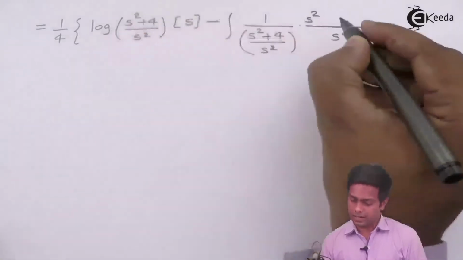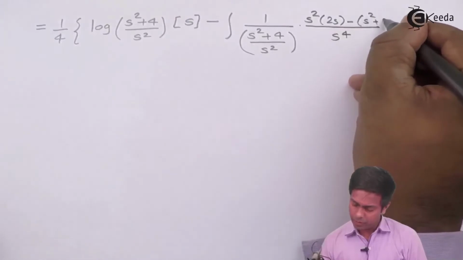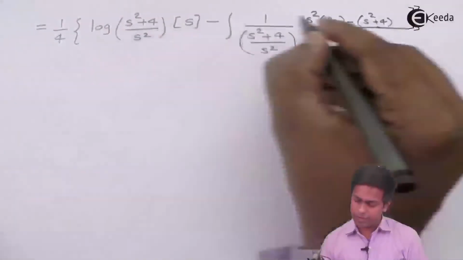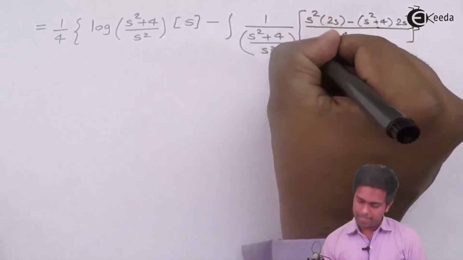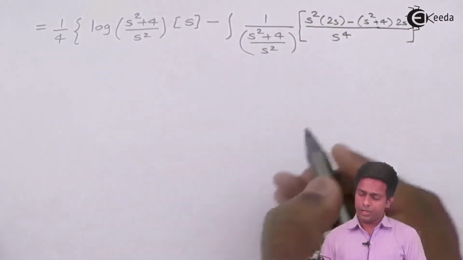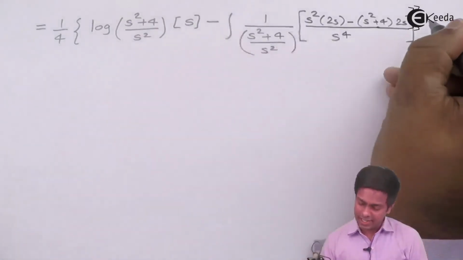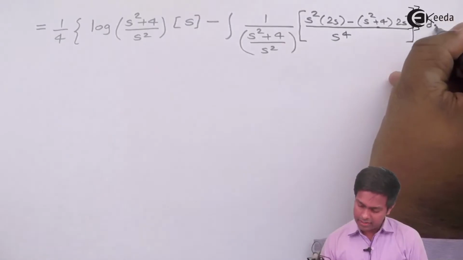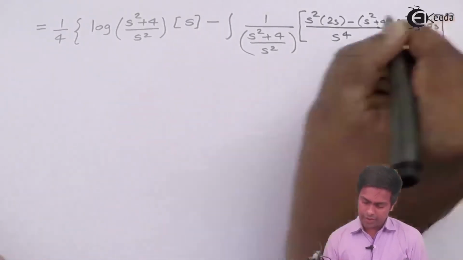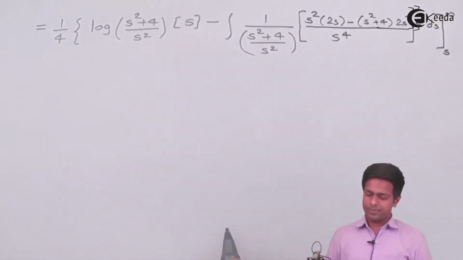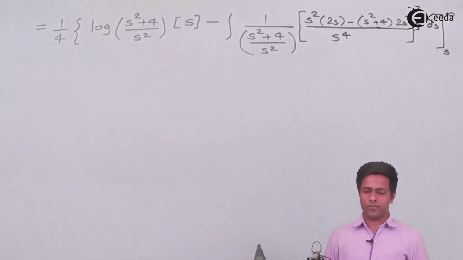Derivative of this is 2s times (s square plus 4) minus s square times derivative of s square, which is 2s, into integration of v, which is s ds. And guys, this is from s to infinity. So here I have applied the integration by parts formula.